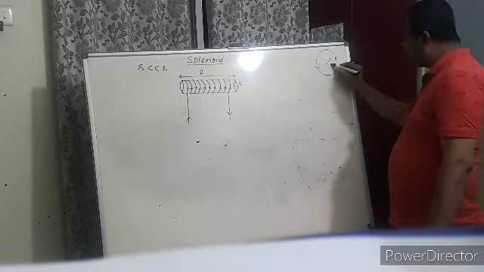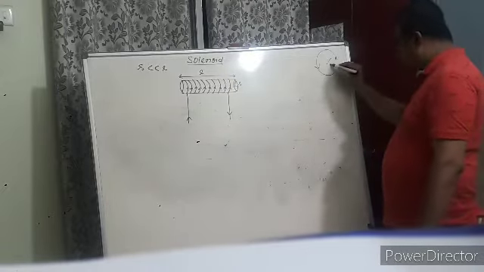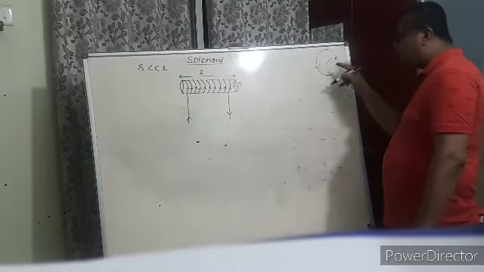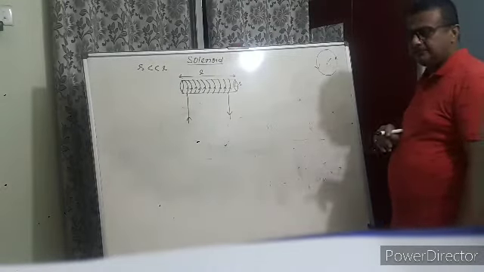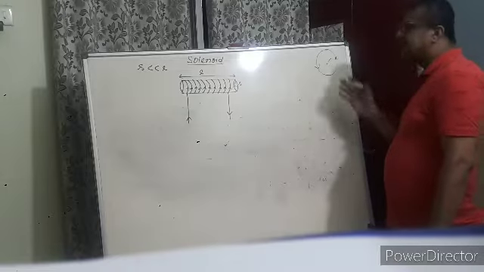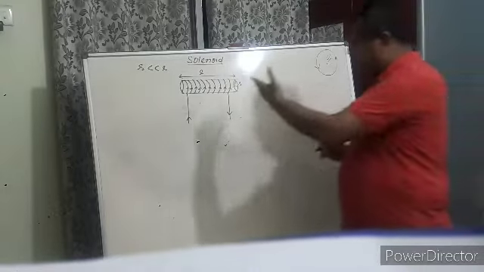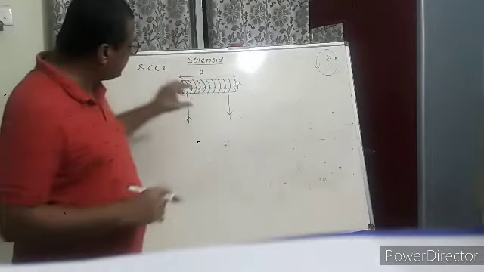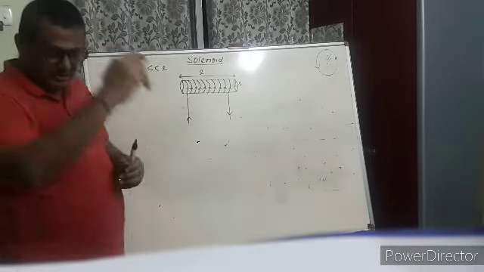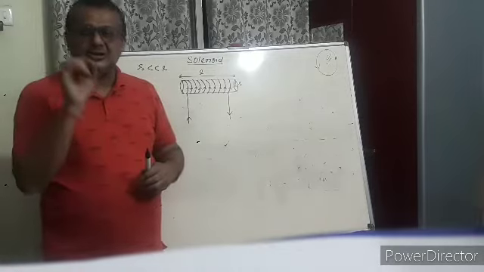This magnetic field is either into the blackboard or out of the blackboard, depending on the direction of current. Means there will certainly be a magnetic field. Same thing here. Here is the circular turn. Inside the circular turn, there is a magnetic field.